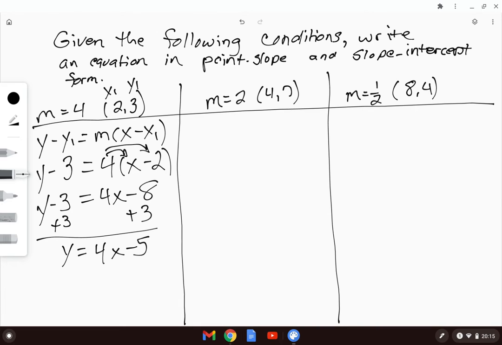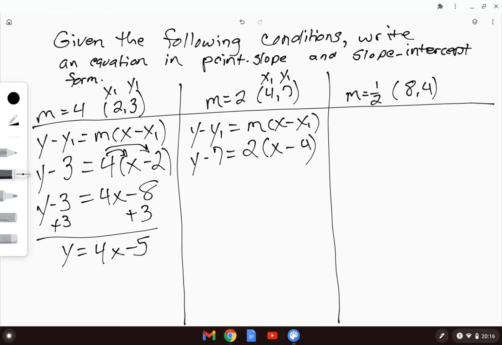So if I look at my second one here, m is my slope of 2. And then my ordered pair is 4, 7. So here's x1 again and y1. So y minus y1 equals m times x minus x1. So y minus 7 equals the slope of 2 times x minus 4, because that's my x1.